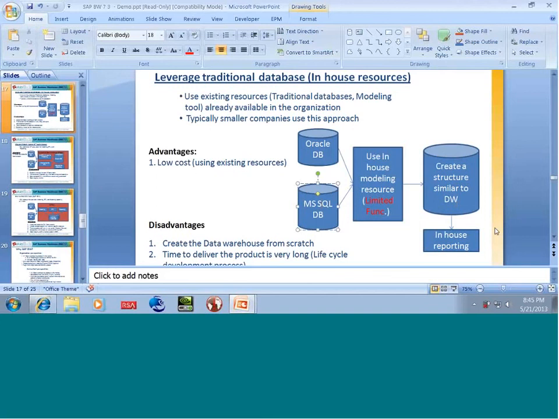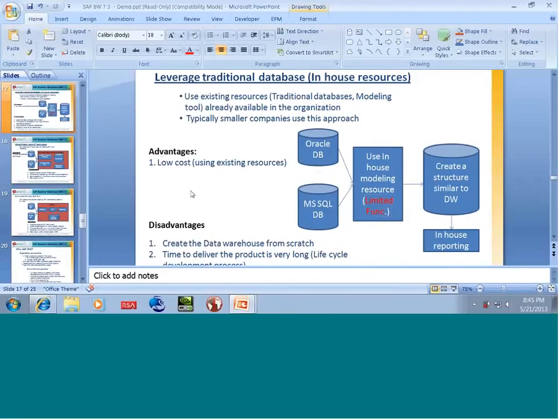As the name itself tells us, since it is using existing resources, it's going to have a lot of limitations in the functionality it provides. But initially, you would think that using existing resources would provide low cost to the organization. I don't have to invest millions of dollars buying a new data warehousing tool.